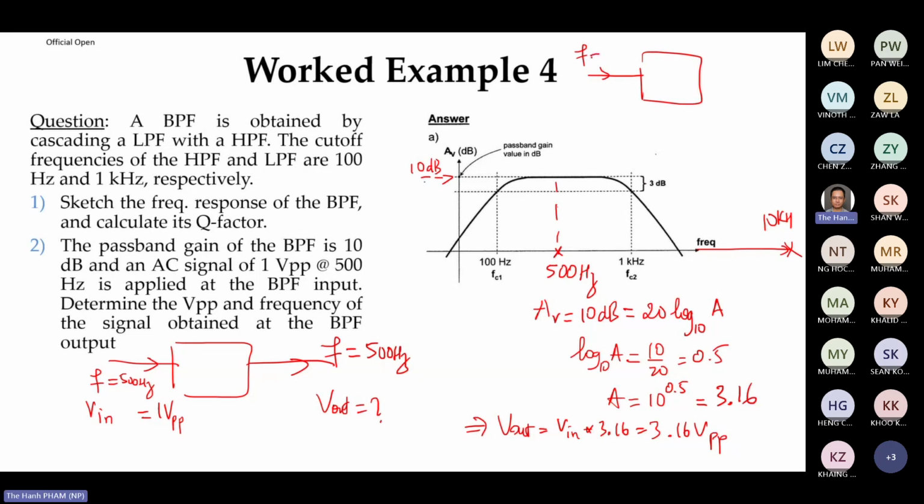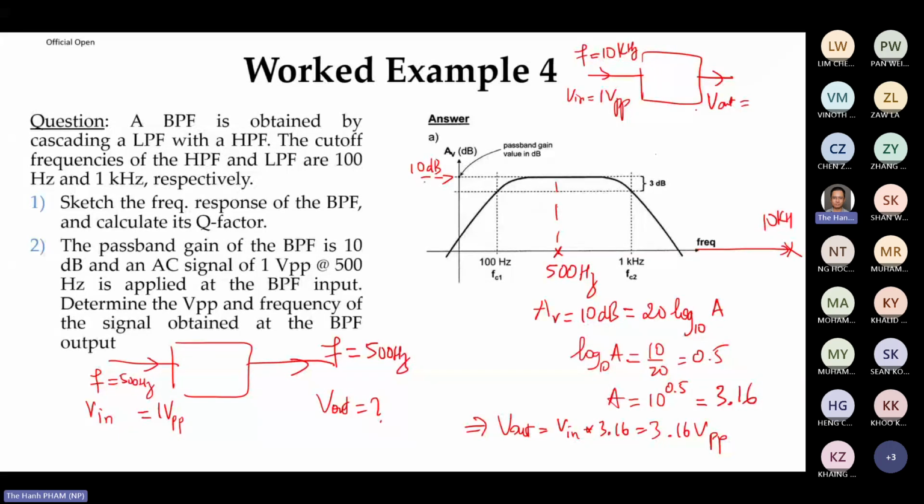Anyone can tell me what should be the voltage of the output? Amplitude of the output.